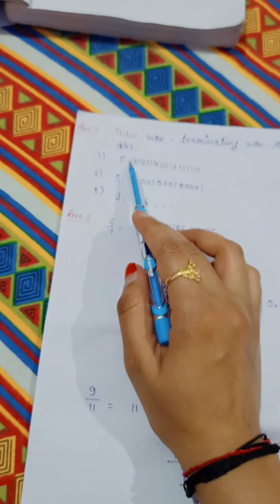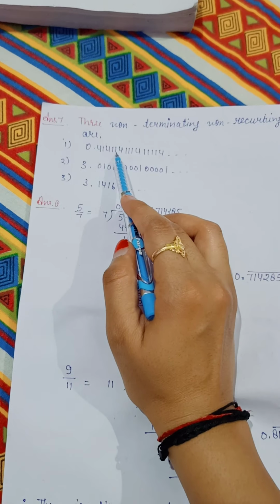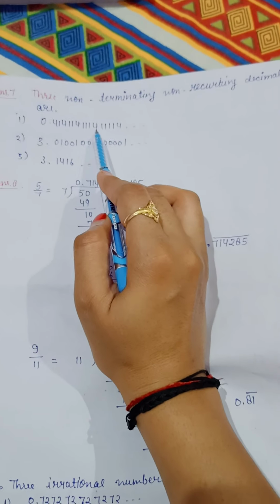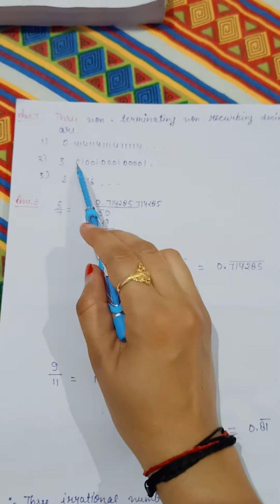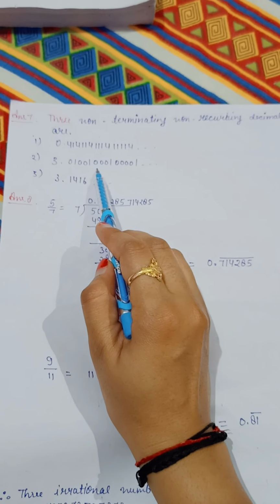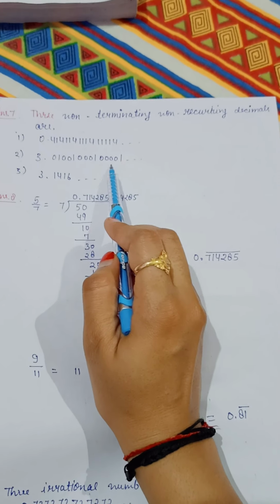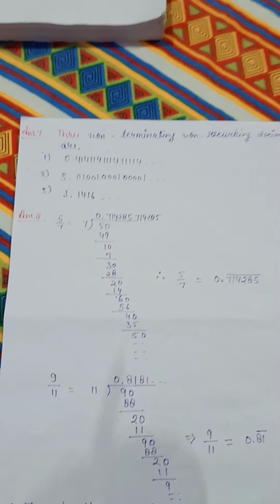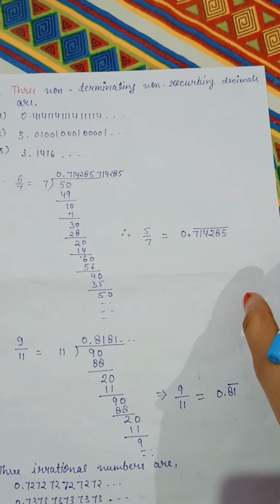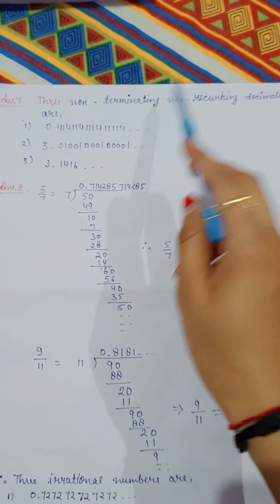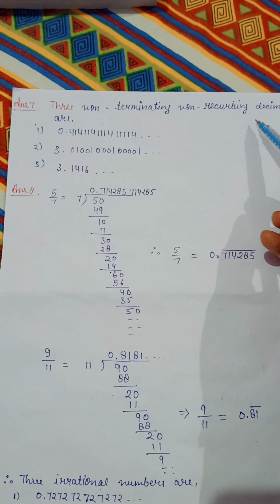The decimals are 0.41, 411, 41114, 1114; 3.01001, 001, 001, 0001; 3.1416. You can write any other numbers which are non-terminating and non-recurring. Okay.